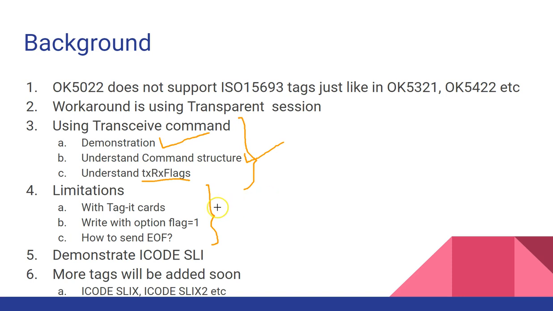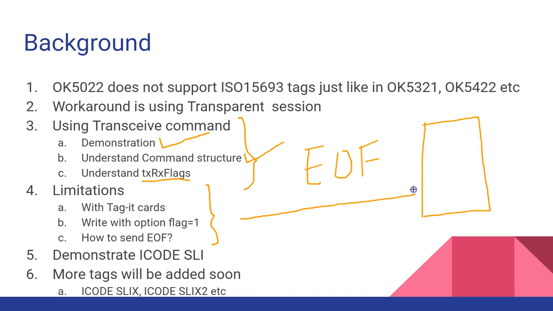If you have read about ISO15693 tags, there are some tags which will respond only after receiving the end of frame command. So in addition to the normal command to the tag, you have to send the end of frame command. Only then do you get the response.